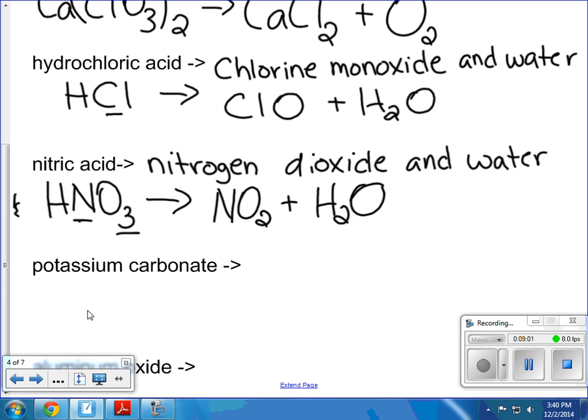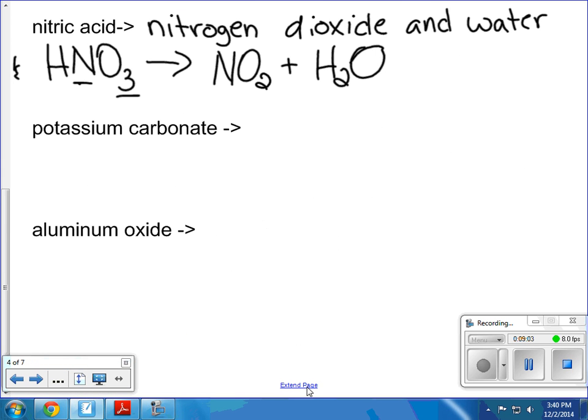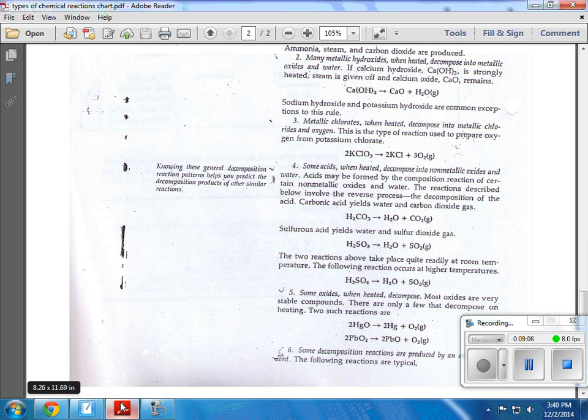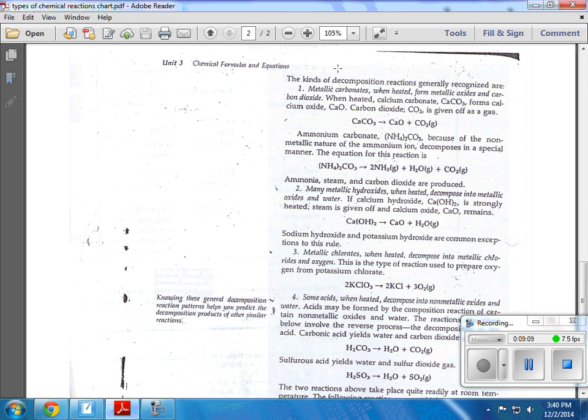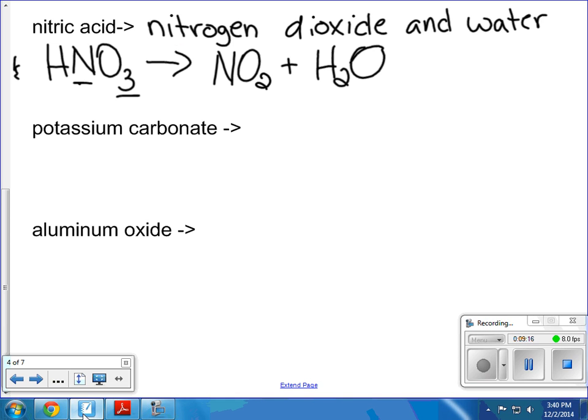The next one, potassium carbonate. So if we look at our rules for carbonates, we have to scroll back up to rule number 1. Metallic carbonates, when heated, form metallic oxides and carbon dioxide. So metallic oxides. So potassium is our metal. So we're going to put potassium oxide. This is an ionic compound, so we don't need any prefixes. And carbon dioxide.